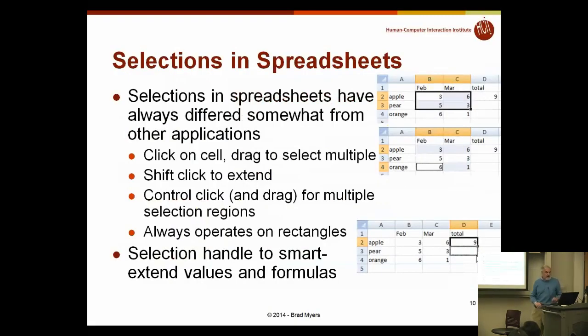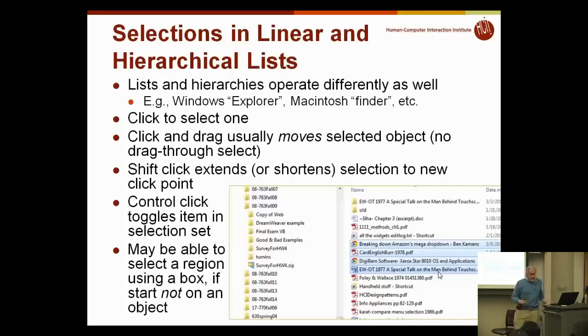And then finally, lists or hierarchies is another kind of set of things that you might select over. Examples are obviously the Windows Explorer, or the Macintosh Finder, which are file lists that are in hierarchies. And there's lots of other examples of hierarchies. If you do programming, then there's the packages and things like that.